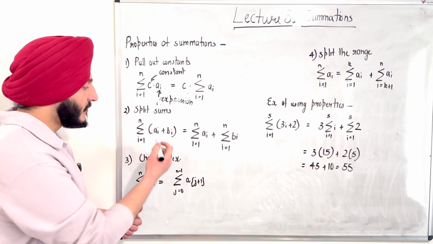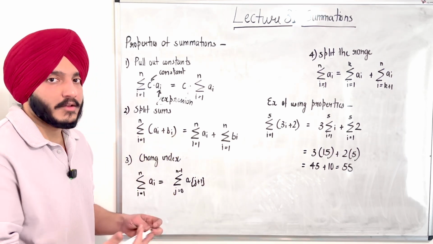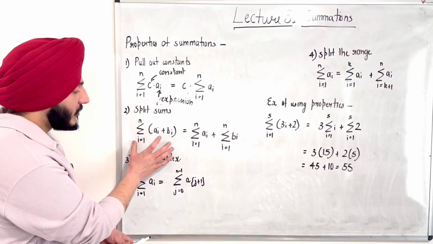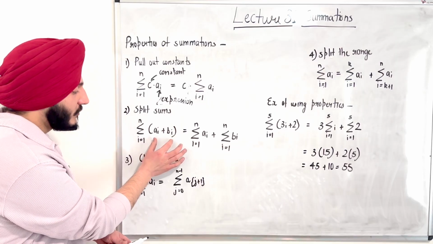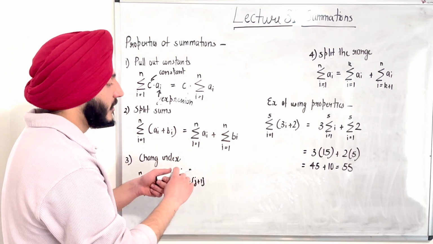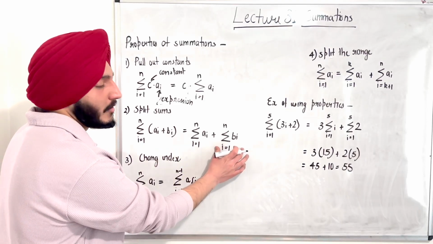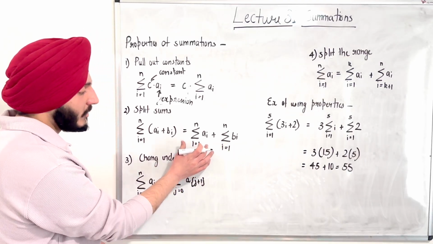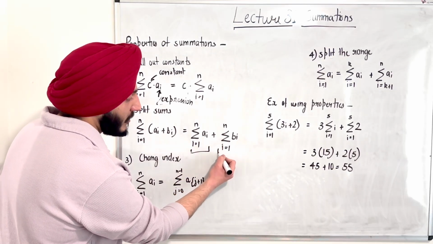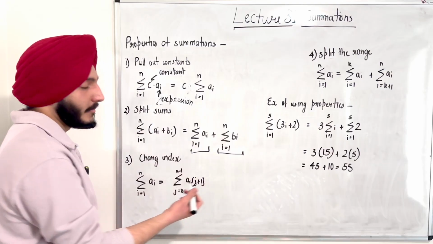What I mean by that is that these could be two different sequences, but we don't really care about that. Point is that if there's a summation and you're trying to add these two sequences together, what you can do is you can also possibly separate them into two different sequences as well, which is you can do the summation of the a_i individually. You can add it to the summation of b_i, right?